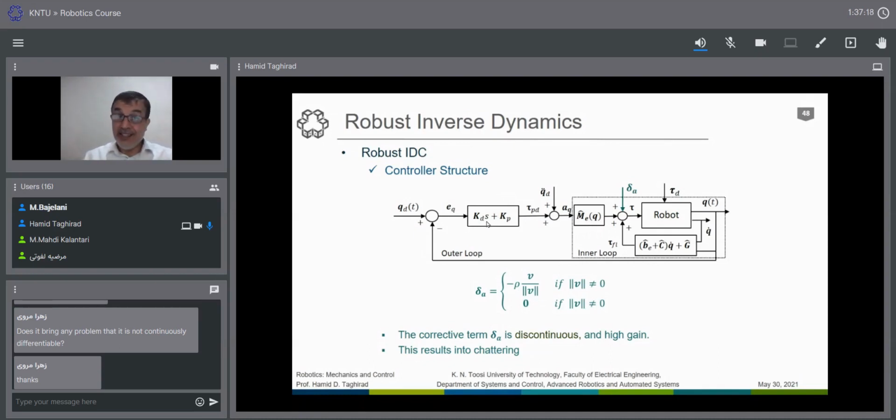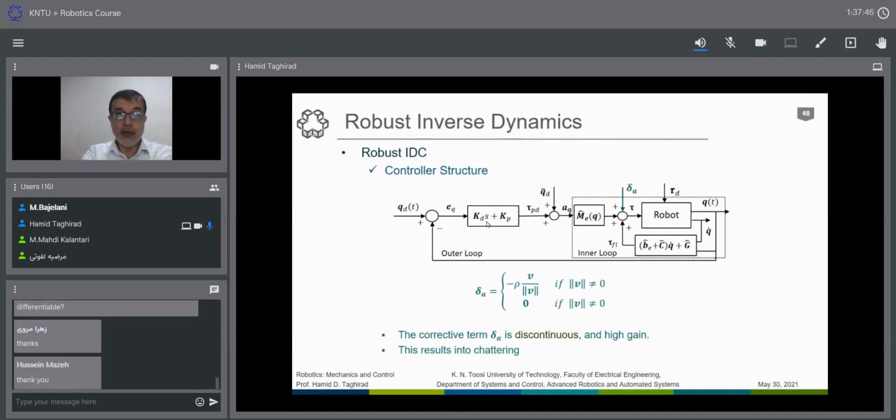But this is not the good way to do that. You usually don't want to pay too much for the motors just to have bounding properties that you might not be able to use. But usually 10 to 20% over design is the case for the robot. 10 to 20%.